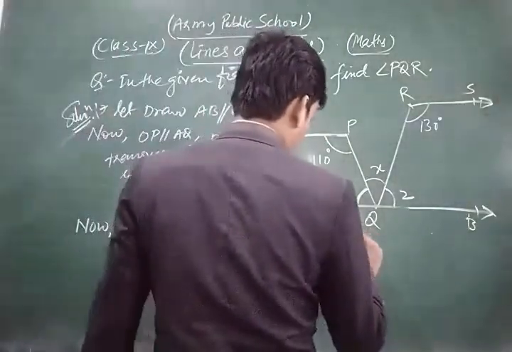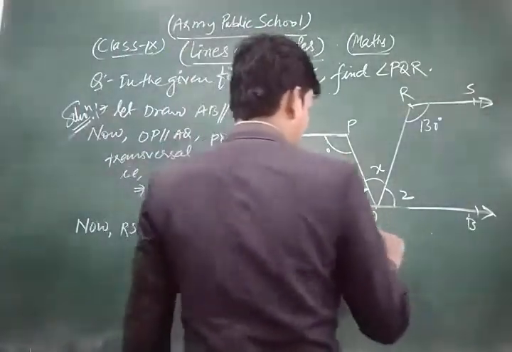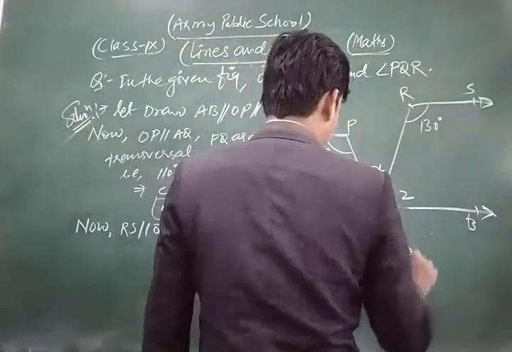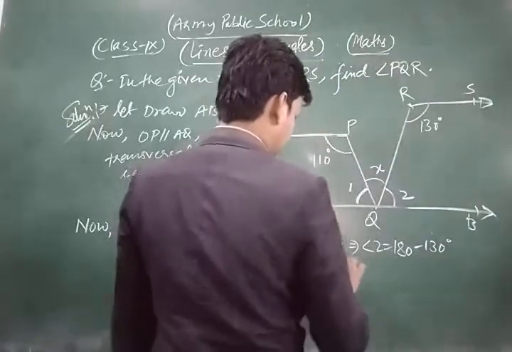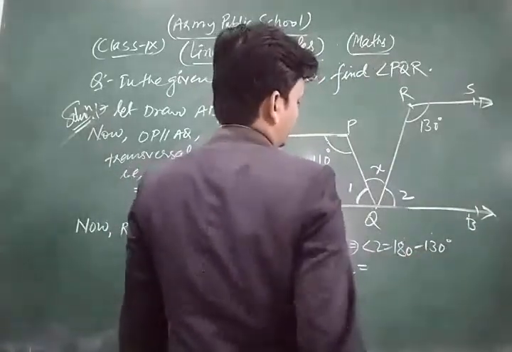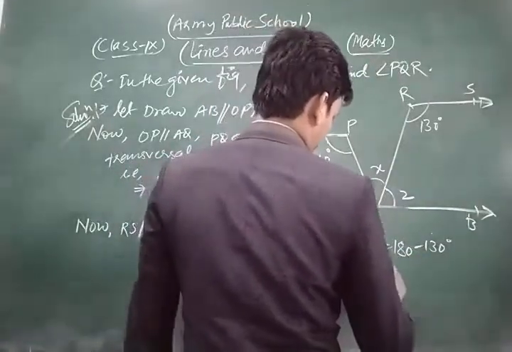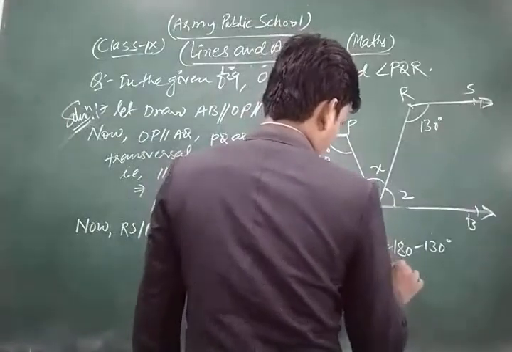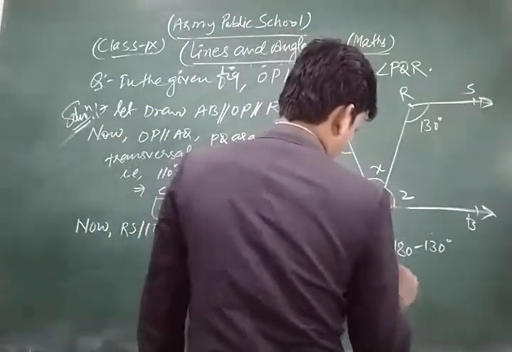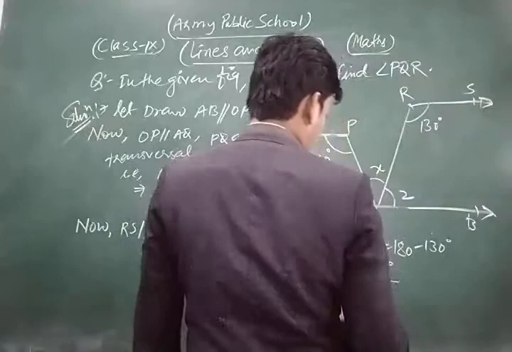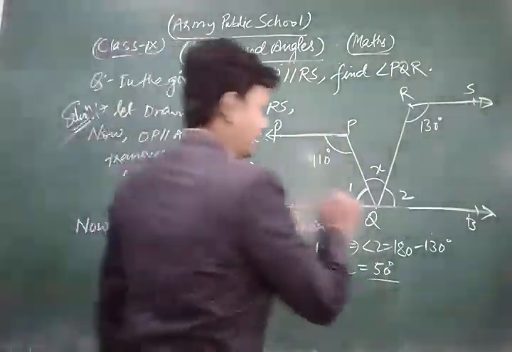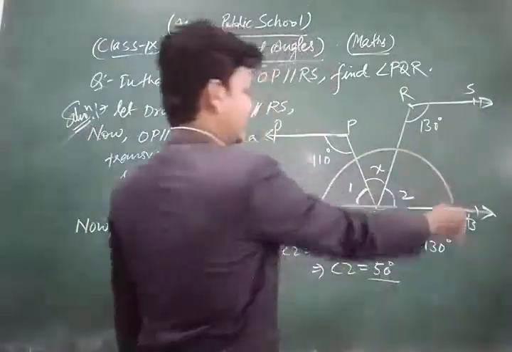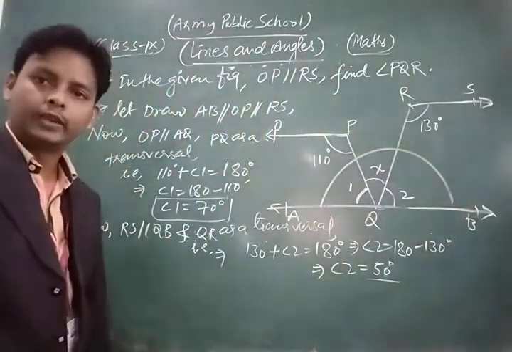Now from there angle 2 is equal to 180 minus 130, that is angle 2 is equal to 50 degree. Angle 2 is 50 degree. Now look, AQB is a straight line, so their sum of measures is 180 degree.